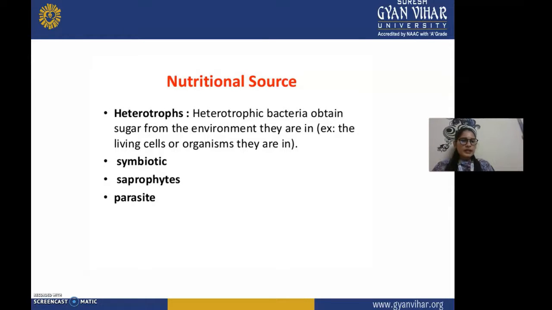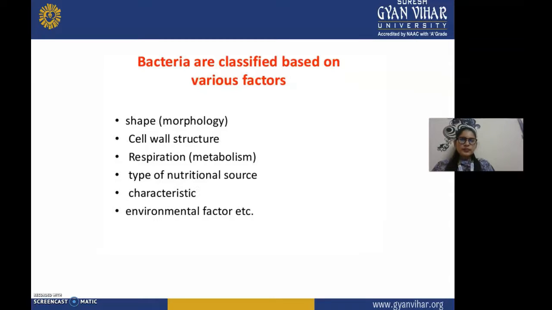Heterotrophic bacteria obtain sugars from the environment or from living cells and organisms they are in: symbiotic, saprophytic and parasitic. Bacteria are classified based on various factors: shape, cell wall structure, respiration, type of nutrients, nutritional source, characteristics, environmental factors, and many others.